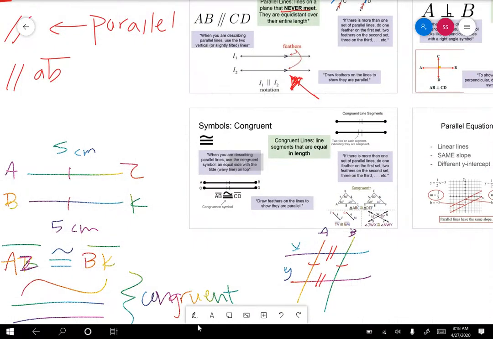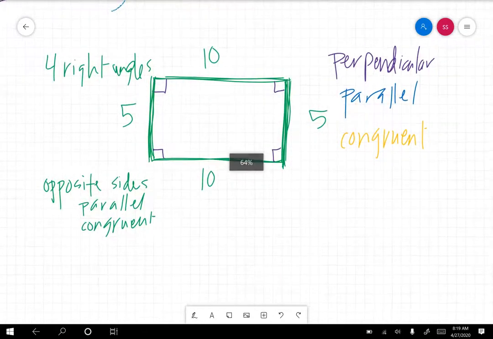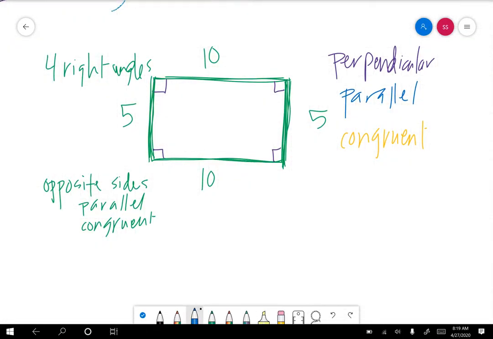So on this lovely shape, if we want to indicate that those two sides are parallel lines, we're going to use those feather marks. It doesn't really matter if they're pointing down or up, right, or left, right, as long as it's the same direction.